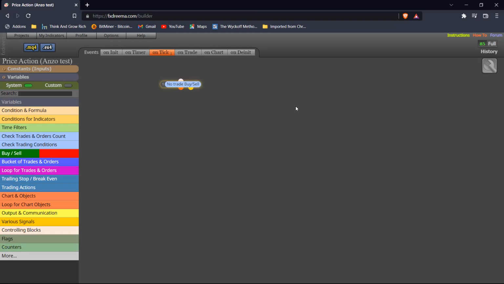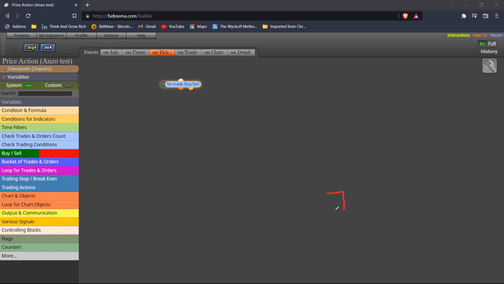Now, one good thing about FX Dreamer is that it has an option for engulfing candles. There are obviously other ways; we can go into conditions. If you think about it, what is an engulfing candle? For a bullish engulfing, the previous candle has to be a bearish candle, and the body of the most recent candle has to be a bullish candle that covers, or engulfs, the previous one.